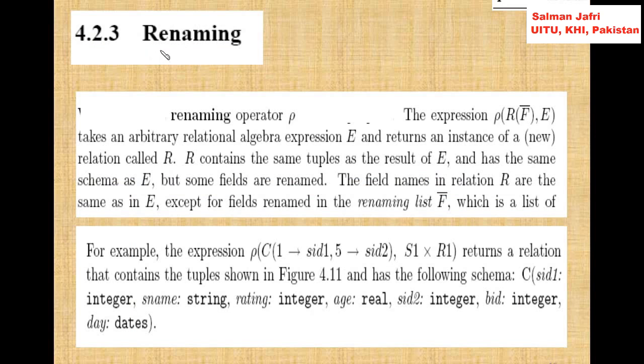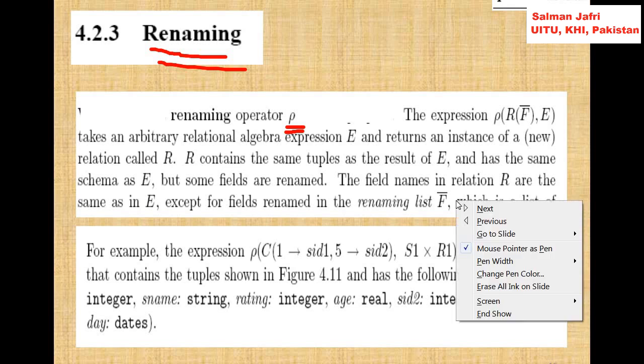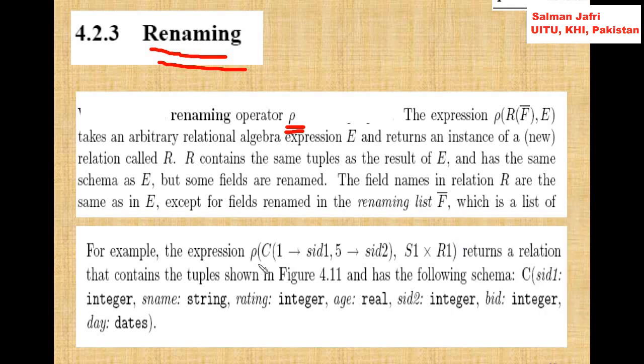Now we can look at the renaming operator, and the renaming operator is defined by rho. So this expression, the renaming operator, takes the output of this operation and renames it to a new name. So in this expression we basically have this cross product. The answer of this cross product is over here, and it is denoted by relation C, and the relation C has been applied with the renaming operator.